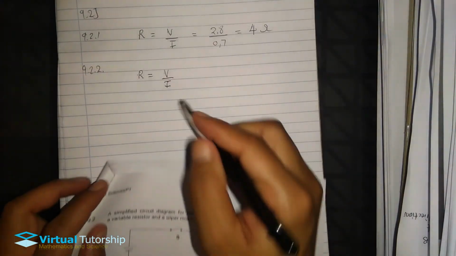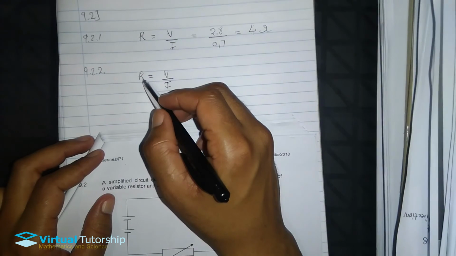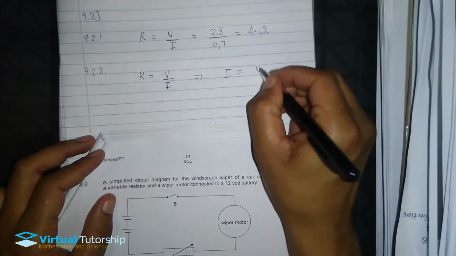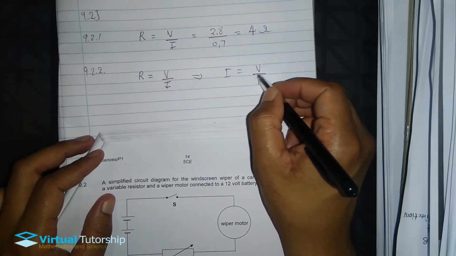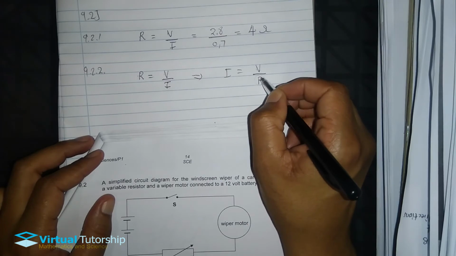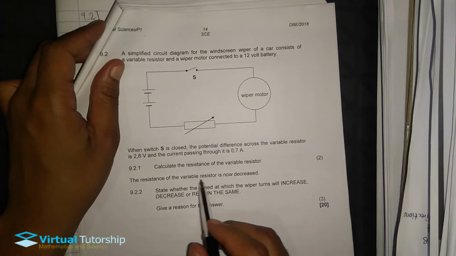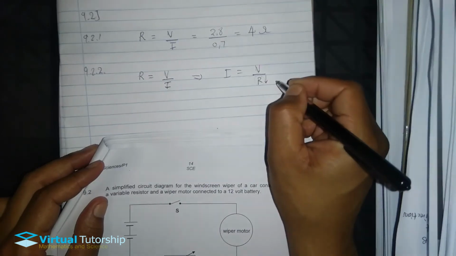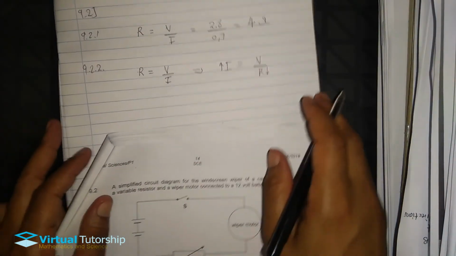Using Ohm's law, I equals V over R, because this is the quantity that changes. The resistance of the variable resistor is now decreased. If the resistance decreases, what's going to happen to the current? Current increases.